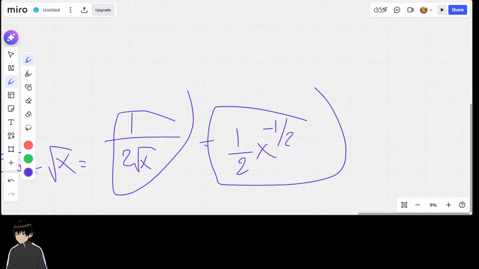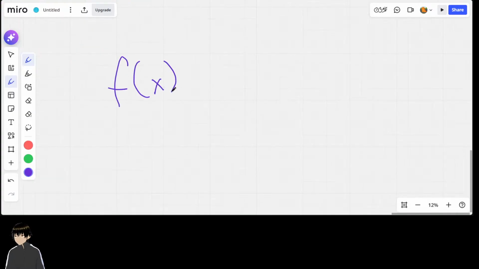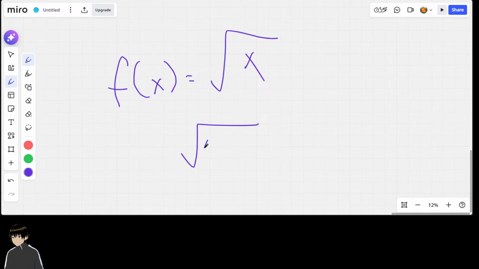Okay. Let me try doing it again. Let's see if I really got it. So f of x is equal to square root of x. So that'll turn into square root of x plus delta x minus x.